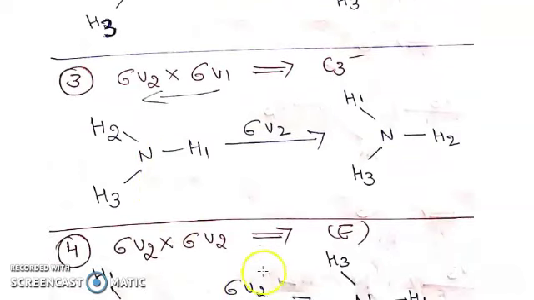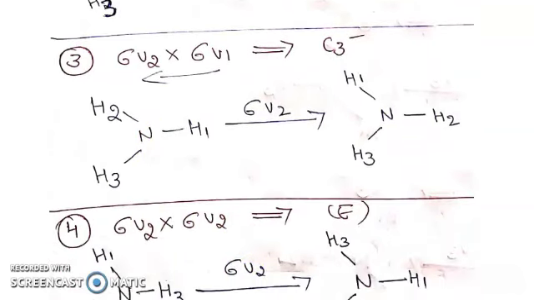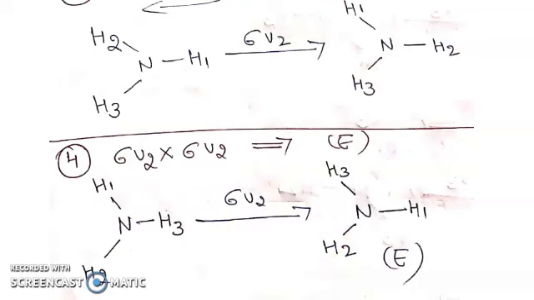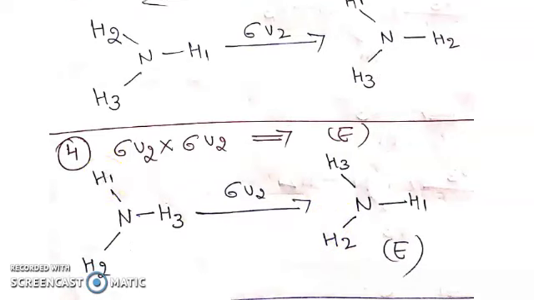Next, sigma v2 into sigma v2 gives E. First you write sigma v2. For this molecule, do the sigma v2 operation. You will get the original molecule, that is E. Sigma v2 into sigma v2 is E. Next, sigma v2 into sigma v3 gives C3 plus.